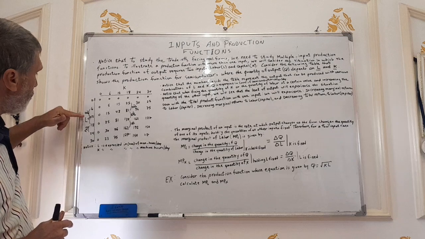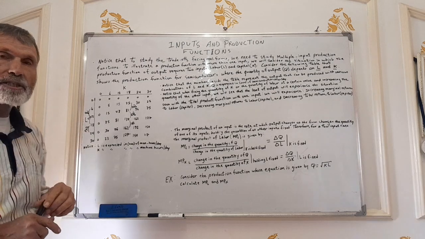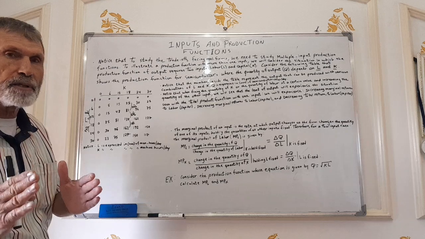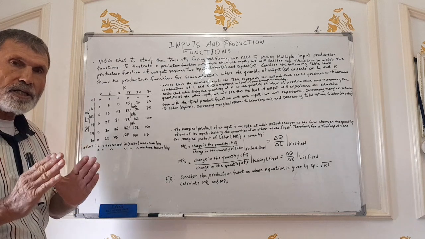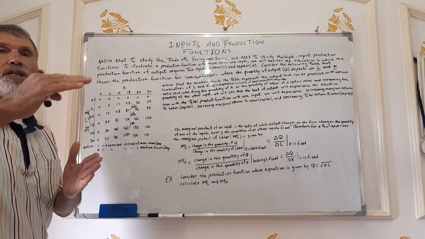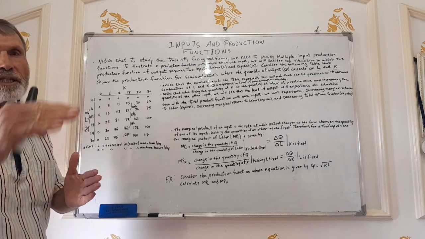So the region from 12 to 24 is called decreasing marginal returns to labor, which represents the region whose output increases with the additional unit of labor, but at a decreasing rate.